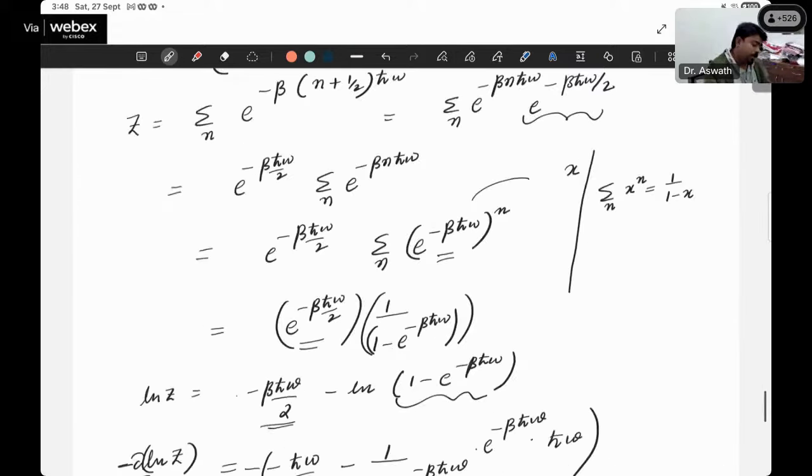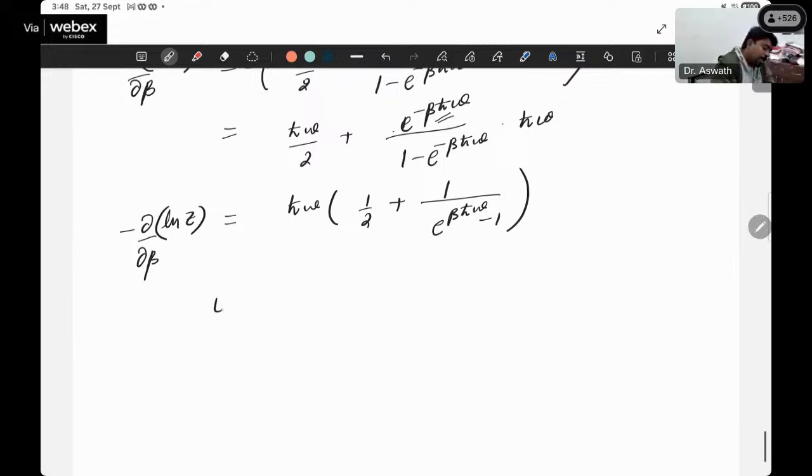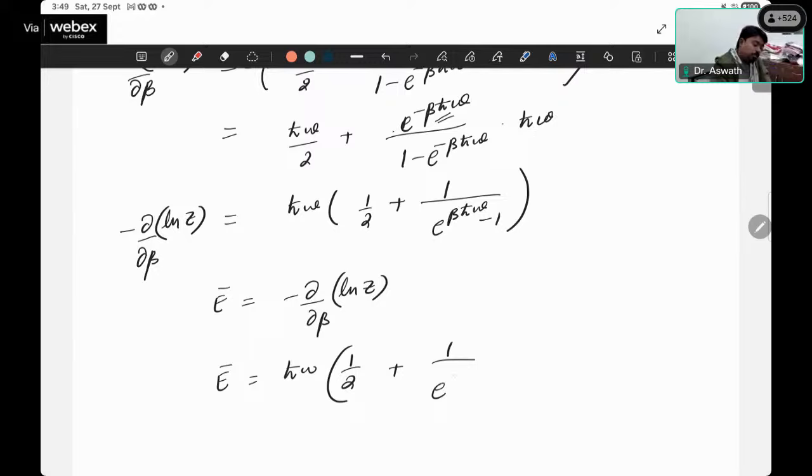Let me explain directly: the average energy is simply minus the derivative with respect to beta of log Z. That's all. I just found this above, so the average energy is simply h omega times 1 by 2 plus 1 by exponential beta h omega minus 1.